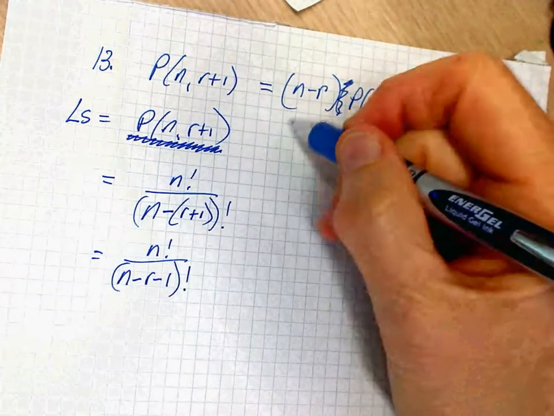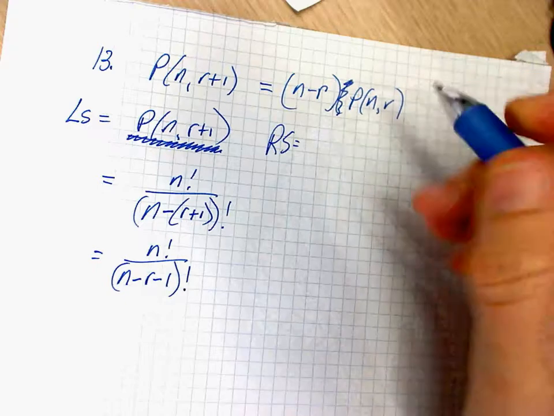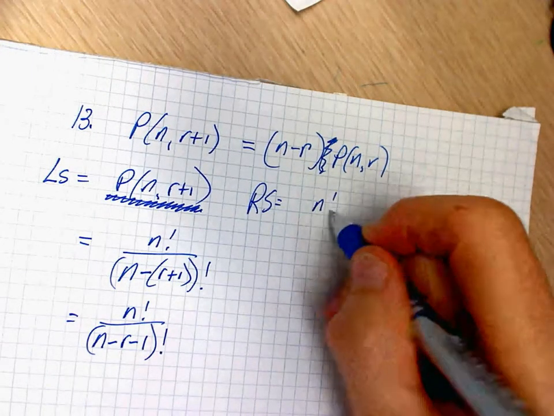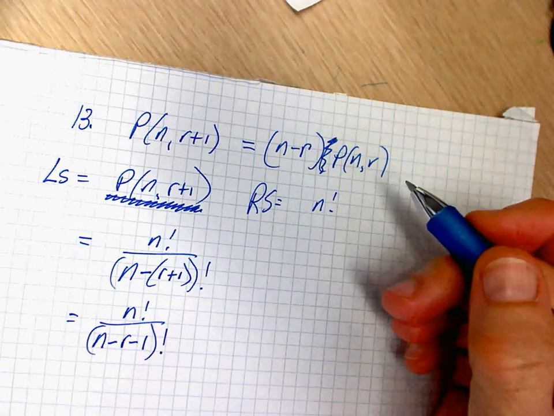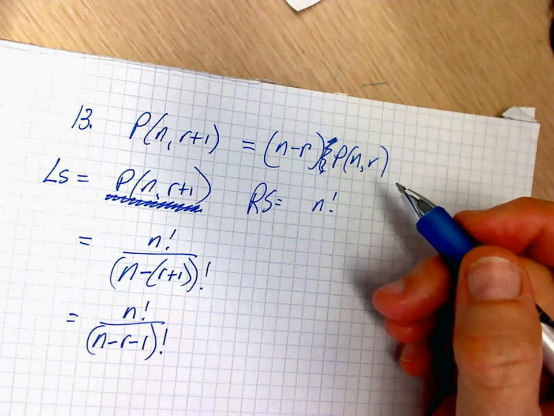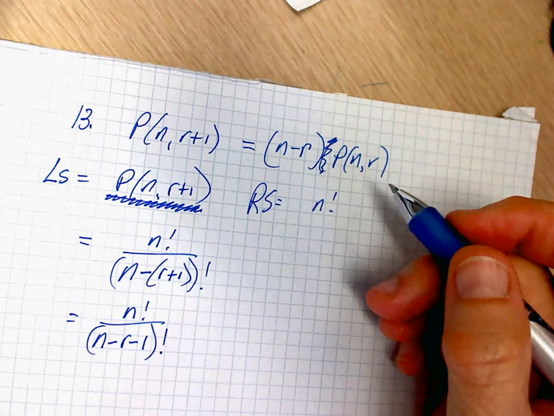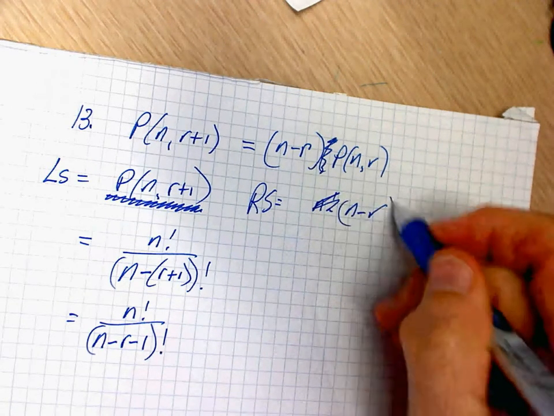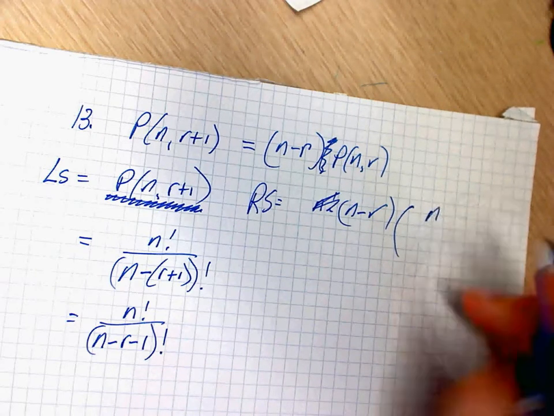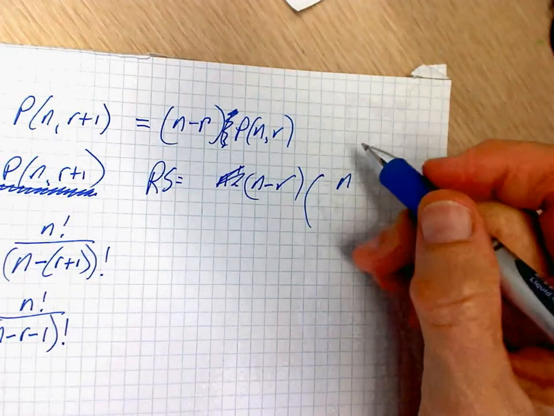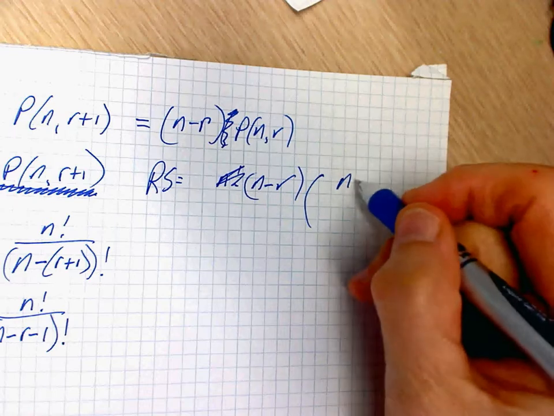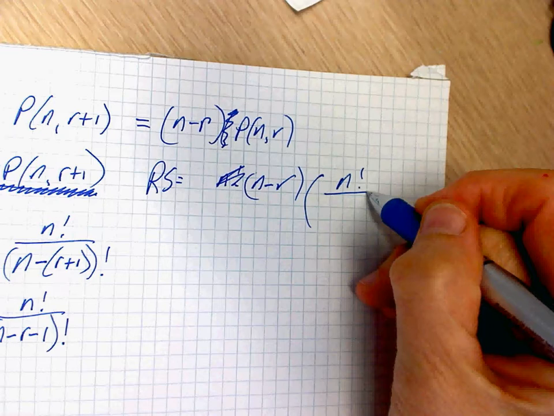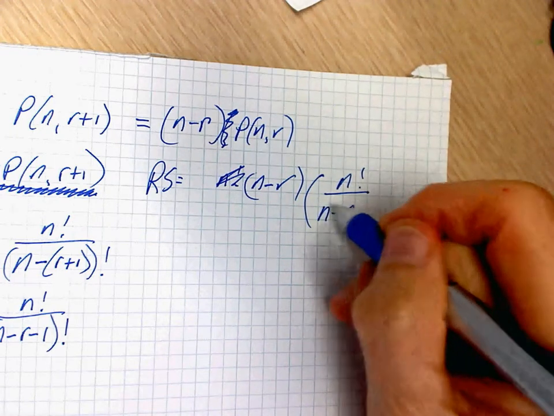Right side is equal to n factorial. Oh, I see. Oh, that's just n minus r, my bad. n minus r times n factorial over n minus r factorial.